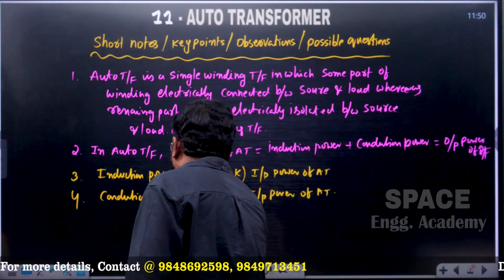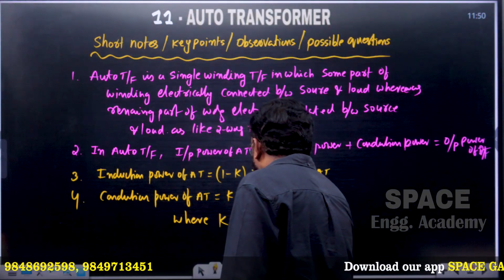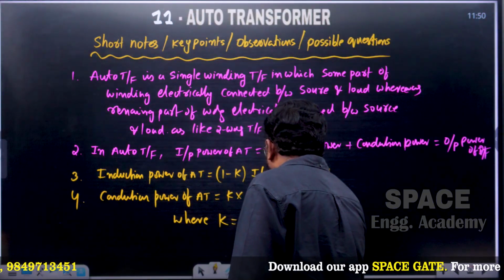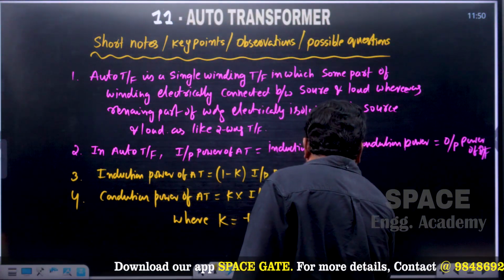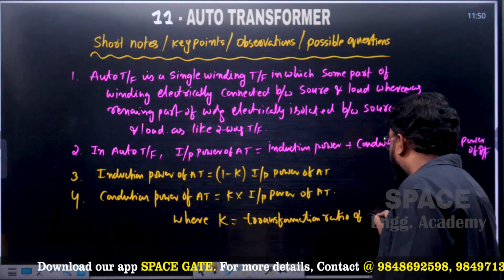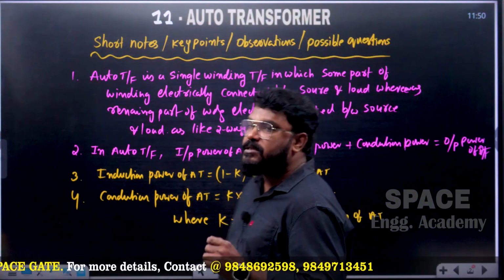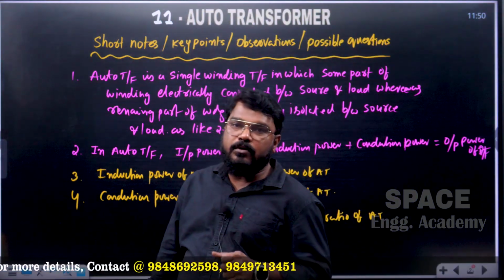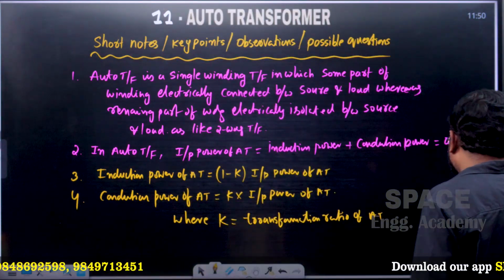So in this case, K is nothing but the transformation ratio of auto transformers. Sometimes we have a question about K. K is the transformation ratio of auto transformer, or the tapping position of the auto transformer, another name for this one.